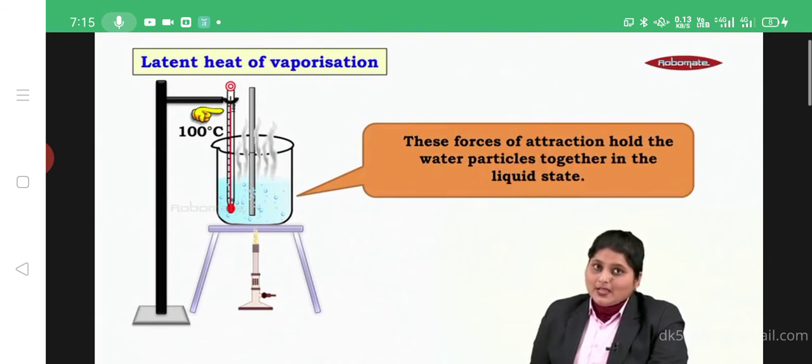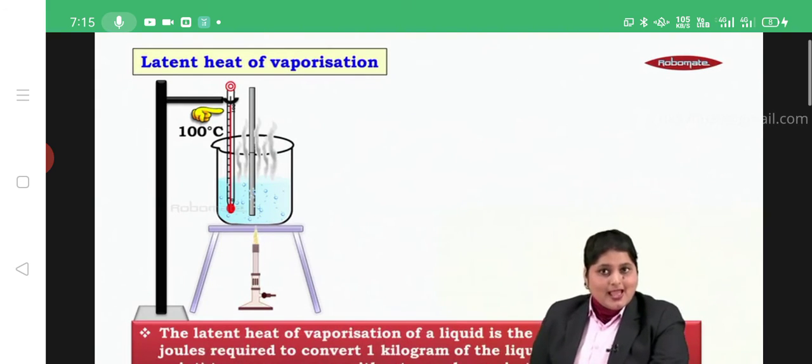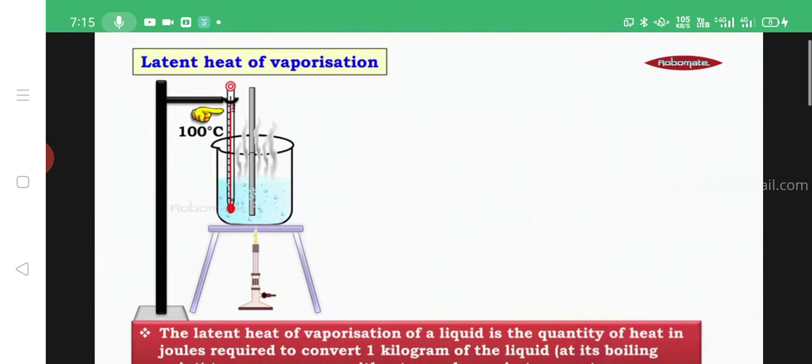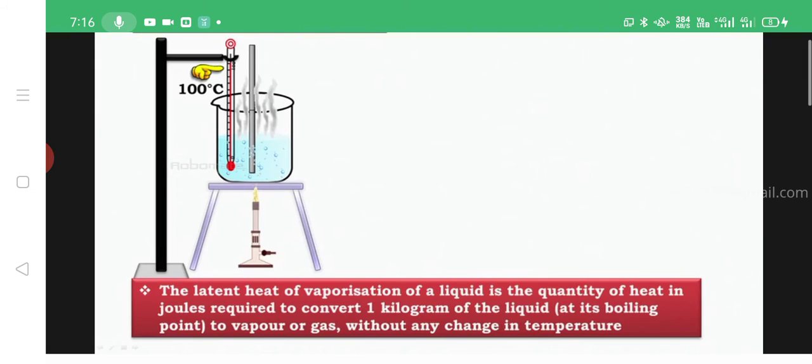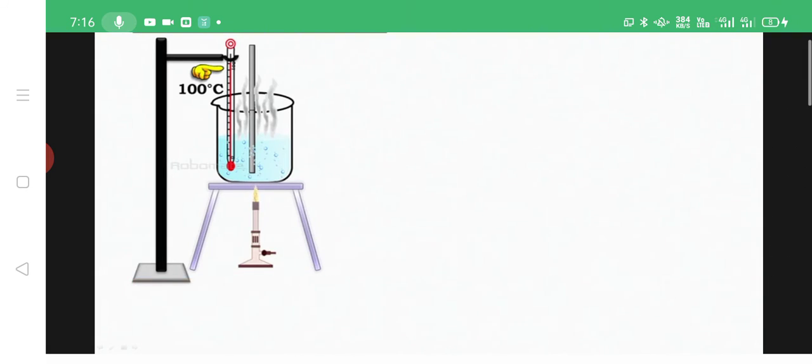Let's move ahead. These forces of attraction hold water particles together in the liquid state. The latent heat of vaporization of a liquid is the quantity of heat in joules required to convert 1 kilogram of liquid at its boiling point to vapor or gaseous state without any change in temperature.